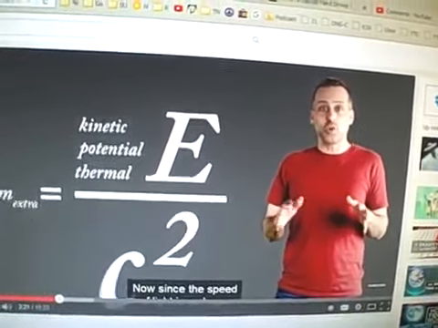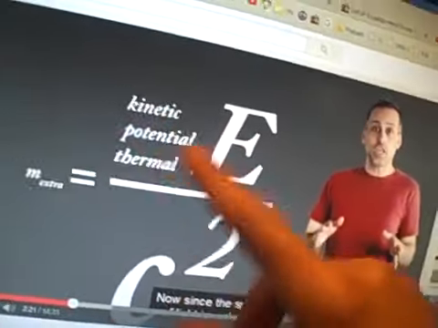Now, since the speed of light is so huge... Well, kinetic, potential, and thermal. Again, potential is the mass of the object. The object is full of potential energy, as nuclear bombs demonstrate. So potential energy isn't like just winding the spring. It's in every element of the atom, in every quanta bit that it's made out of, in every bit of directional information that's trapped in it.